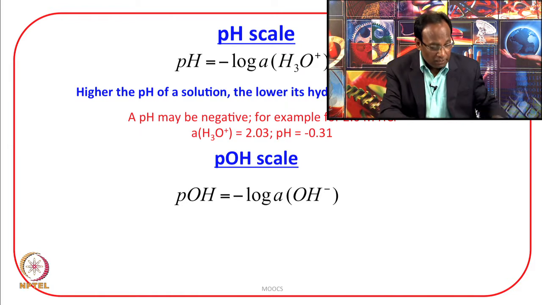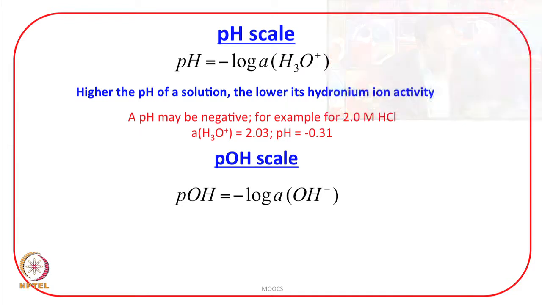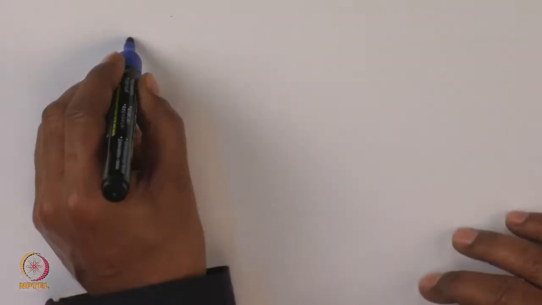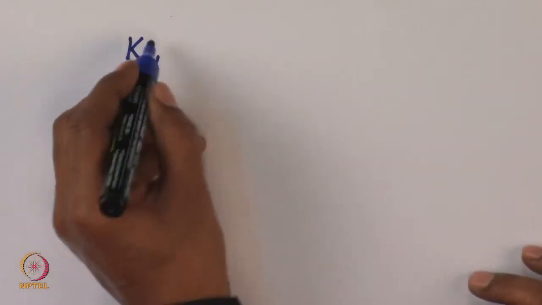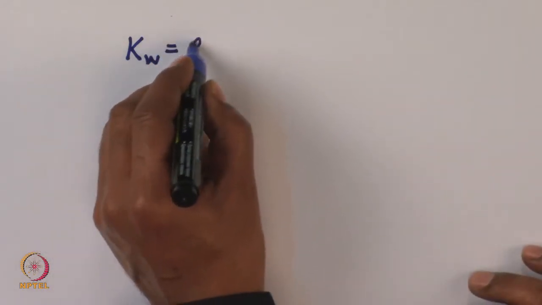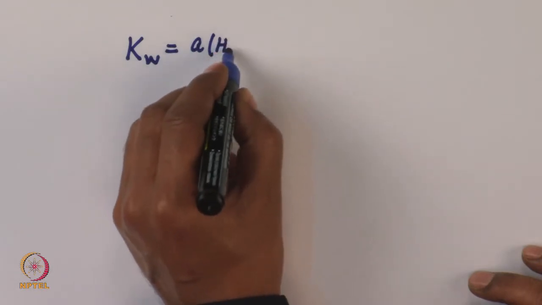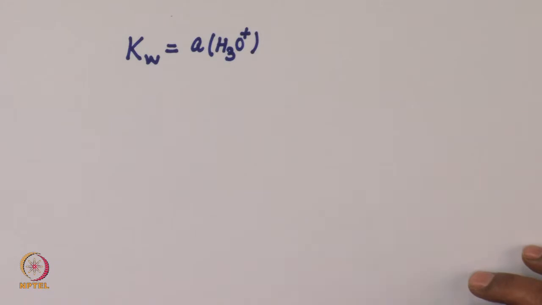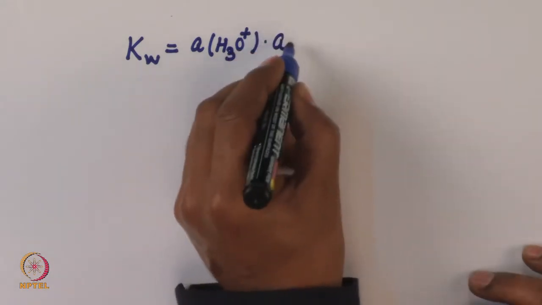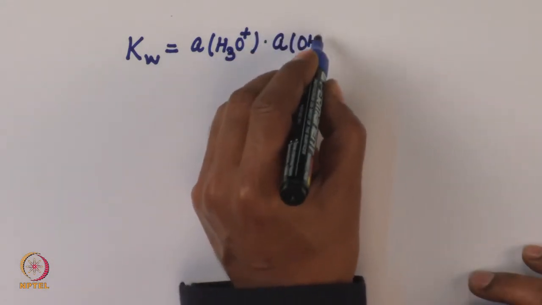For example, let us take water. We defined the Kw autoprotolysis constant of water as activity of H3O plus hydronium ion into activity of OH minus.